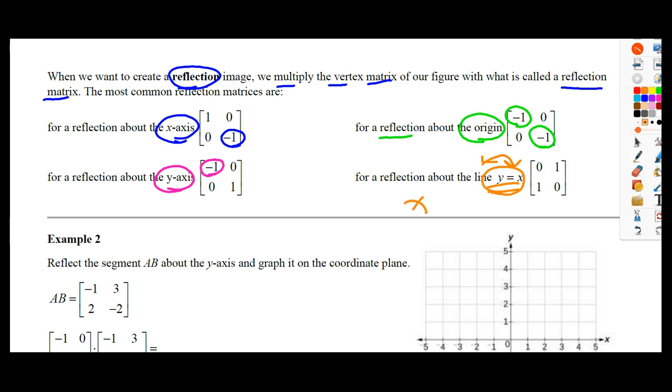So the x changes into y, the y changes into x. For a reflection about the y equals x line, notice how the x and the y values are switched up. Remember that the identity is 1, 0, 0, 1. And look at that, the x and y values switch.